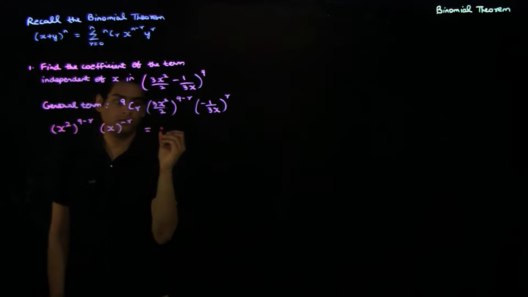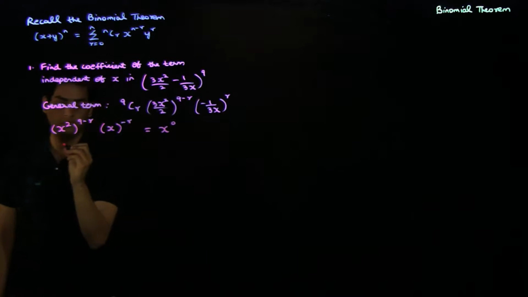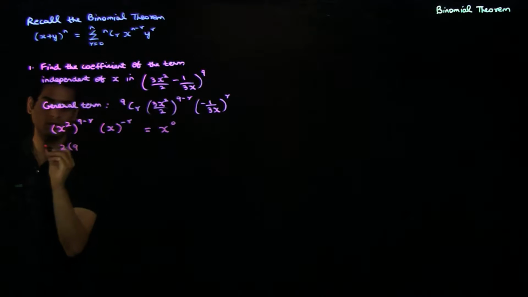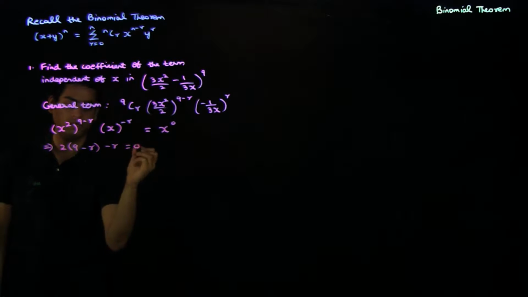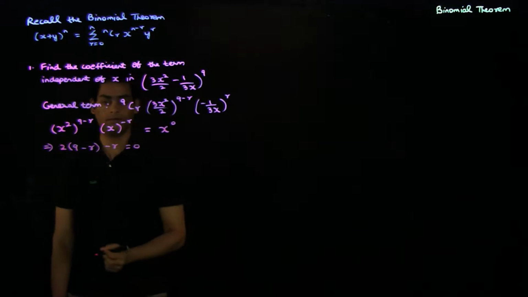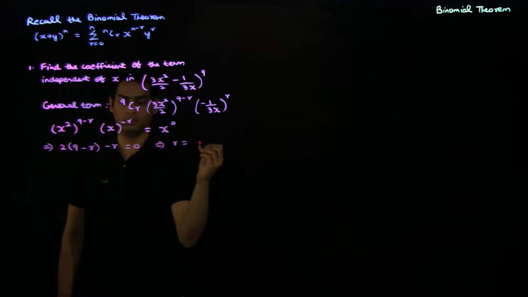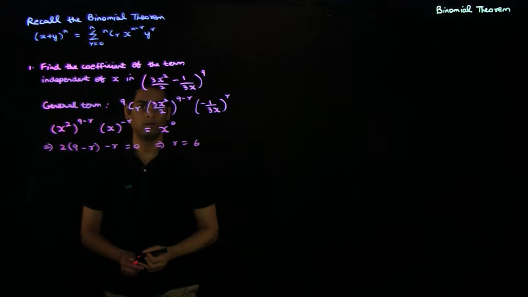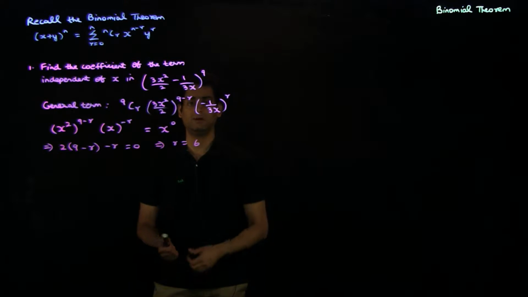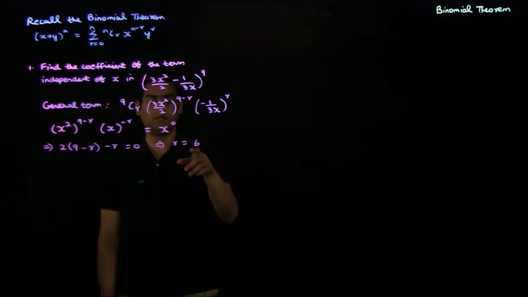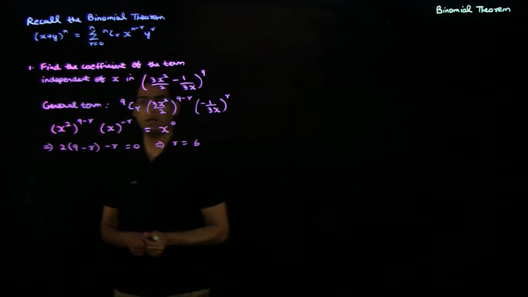So you want this to give you x power 0. So you just compare the exponents. So you have 2 times 9 minus r equals 0, and this gives you r equals 6. So the term which corresponds to x power 0 is the 7th term in the binomial expansion, which corresponds to r equals 6.